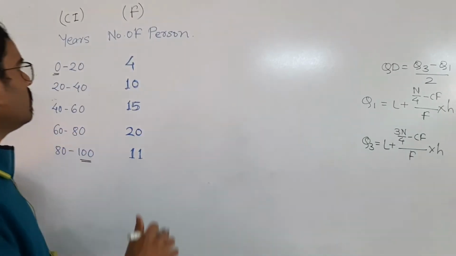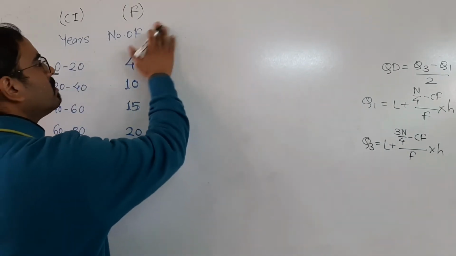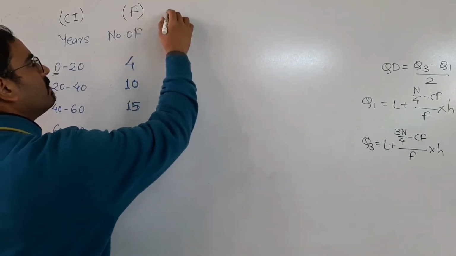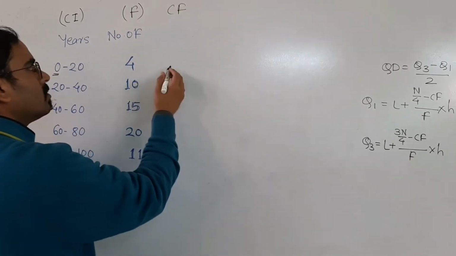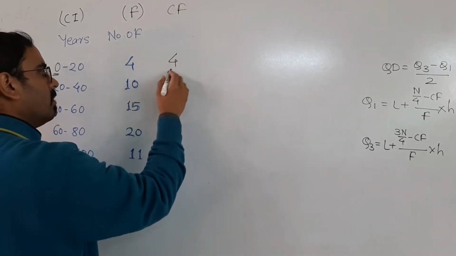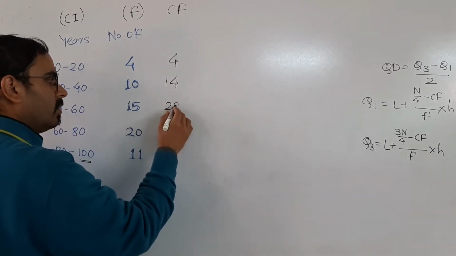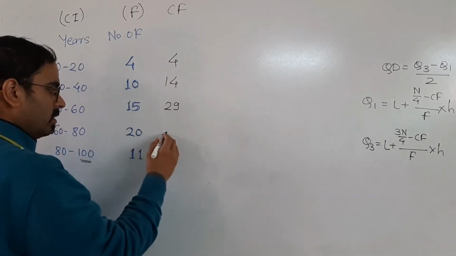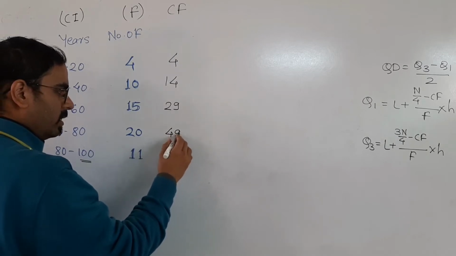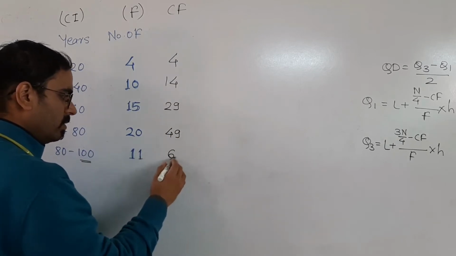So we'll build another column of Cf here. This is F, this will be Cf. Cf is very simple: 4 plus 10, 14; 14 plus 15, 29; 29 plus 20, 49; 49 plus 11, that will be 60.